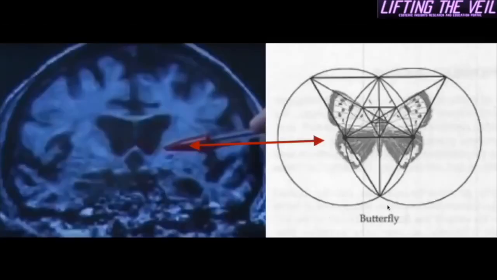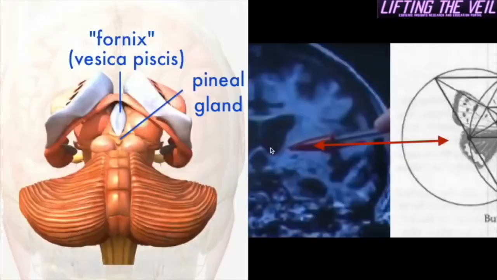And I found this image, surprisingly, as I was actually looking for the Vesica Pisces to relate to this innermost chamber here in the brain as well, to relate it to how certain segments of the fornix directly correspond geometrically to the vagina, as well as the pineal relating to the clitoris.